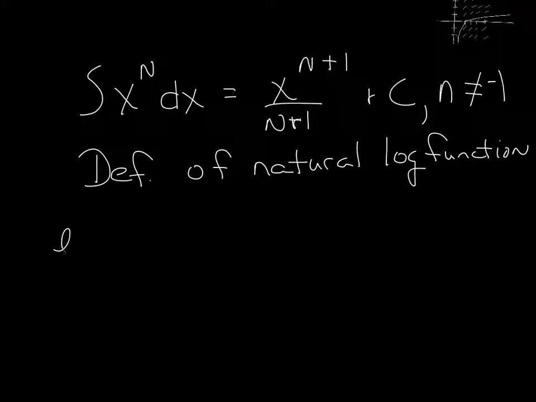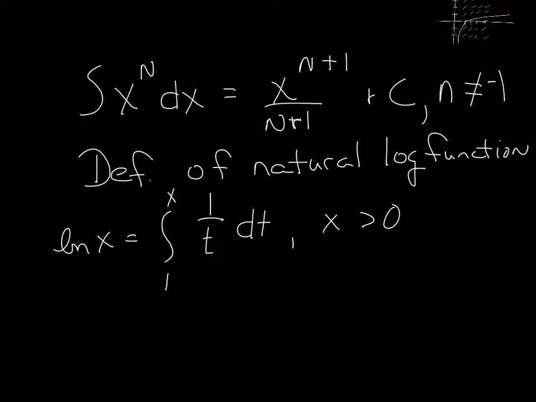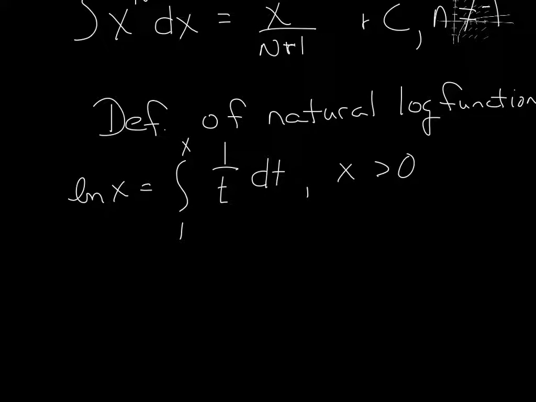The natural log of x is equal to the integral from 1 to x of 1 over t dt, but x must be positive. That is the definition of the natural log of x. Its domain is the set of all positive real numbers. Is that indeed greater than 0? Yes, because x is greater than 0, the domain is all positive real numbers.